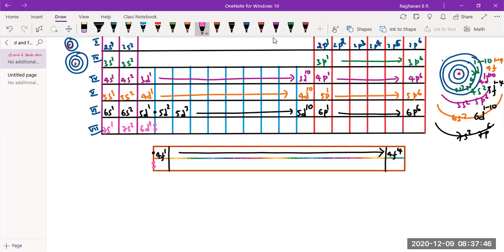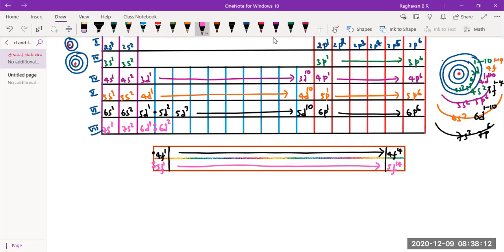After 6d1, here it is 5f1. Goes all the way up to 5f14. After 5f14, this is thorium. This is lawrencium. After lawrencium, it comes back to here. Hafnium, and this is zirconium. This is 6d2. That's all.